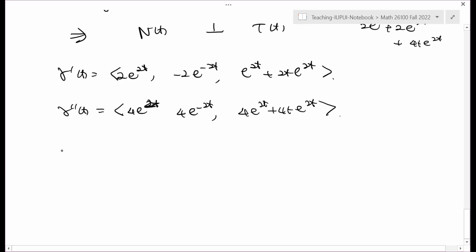I think I need to do the cross product. All right, so what I'm going to do, I line up. I don't need to write down another matrix. So this is I, J, K. I, J, K. All right, so the first one will be negative 2e to the negative 2t.